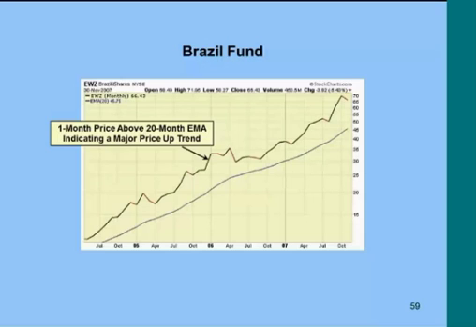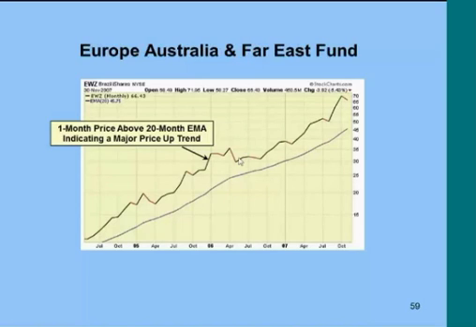Here's an example of the Brazil fund, and I purchased call options and option spreads on this ETF based on the major trend buy signal. We can see the 1 month price of the ETF is above the 20-month EMA, so the Brazil ETF was on a buy signal, and I purchased bullish call options and option spreads.